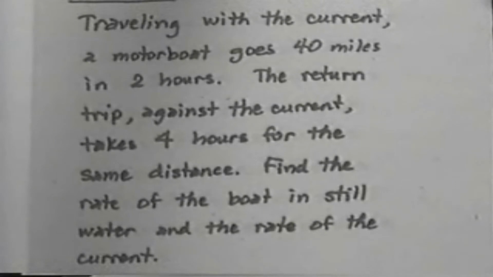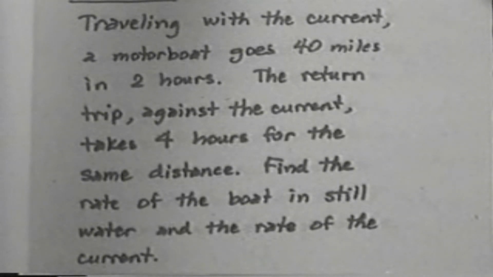Let me read it one more time to be sure you've got it all. Traveling with the current, a motorboat goes 40 miles in 2 hours. The return trip against the current takes 4 hours for the same distance.